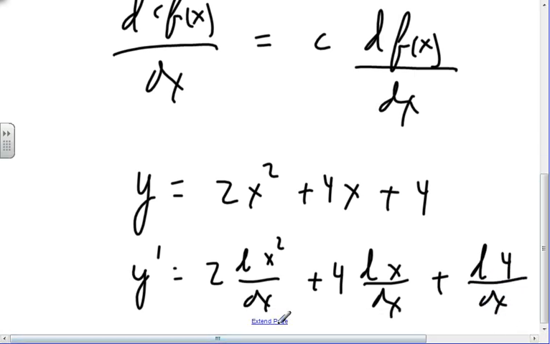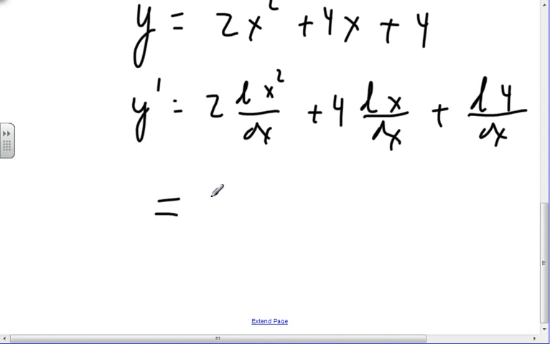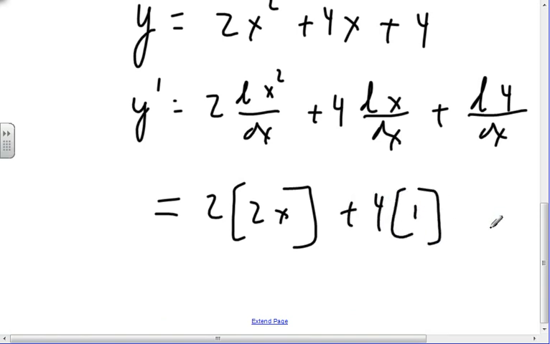And then I did this in my head, and then I applied my rules and said that's 2 times 2x. This is 4 times 1. This is 0. And then I wrote down 4x plus 4. In fact, I skipped the center step altogether. I skipped this top step altogether. I just wrote down the answer, is all that I did.